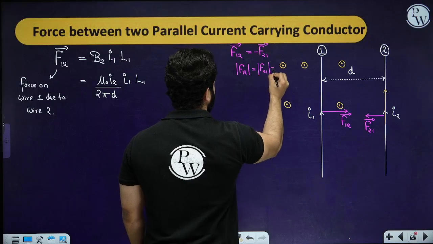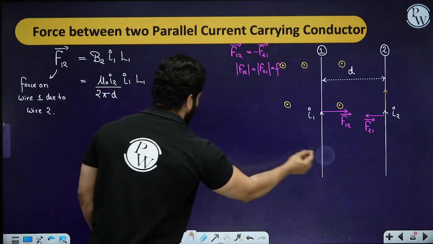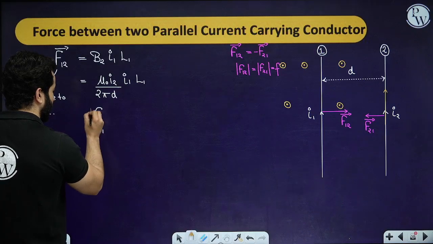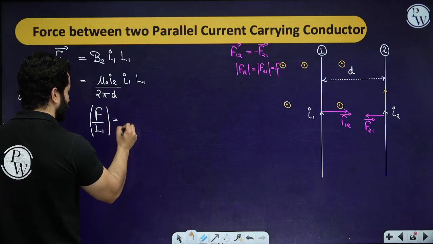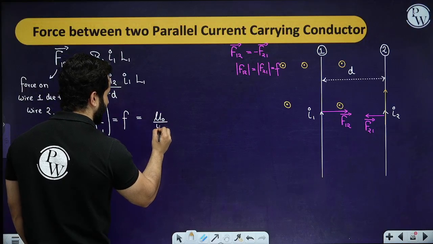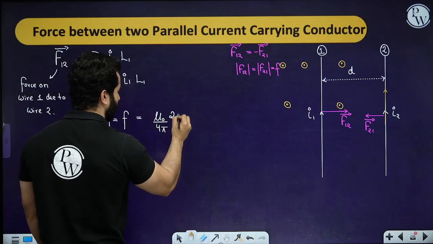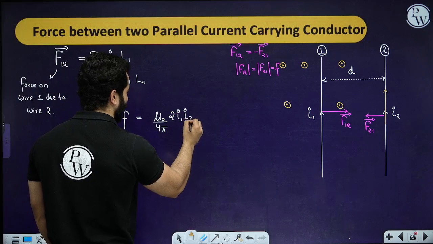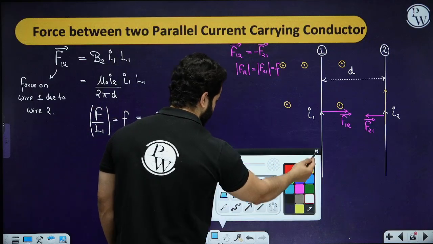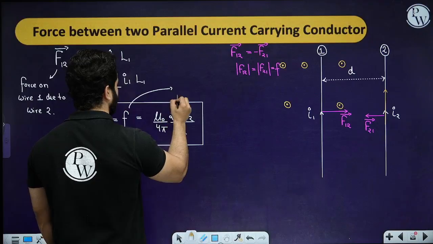So let's call them F. This F upon L will be called force per unit length, that is small f, and this will come out to be mu naught upon 4 pi, I'm deliberately writing it as 4 pi, times 2 I1 I2 upon d. So this is what is called force per unit length.